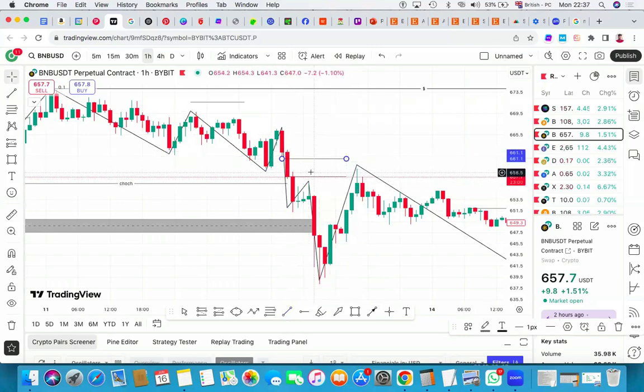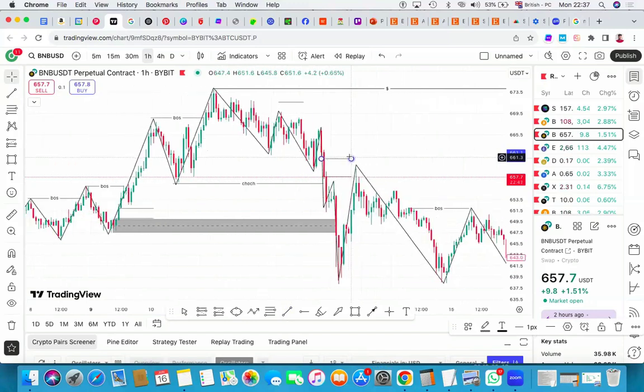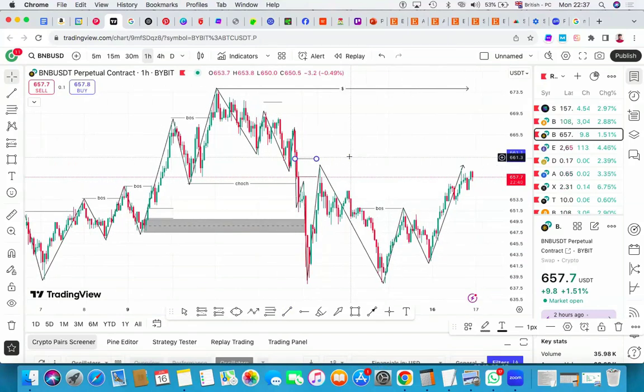I hope you were able to understand the explanation for tonight. If not, in other classes we'll be giving more examples. And I believe with this many examples that I gave, you are able to understand the concept of fair value gap and imbalance.